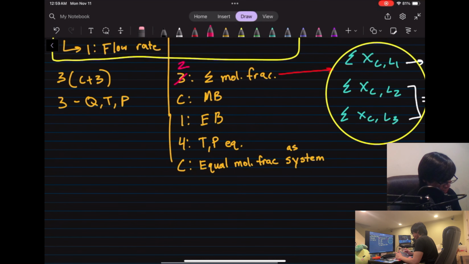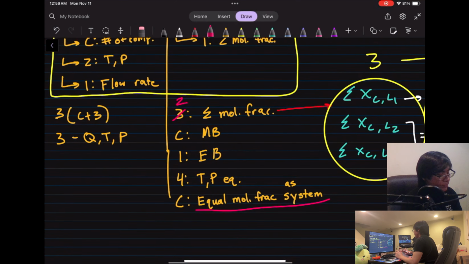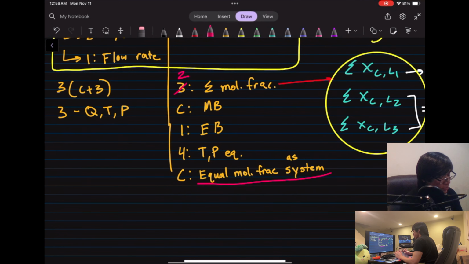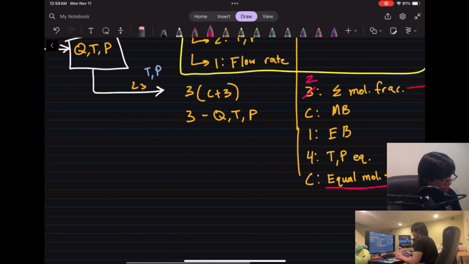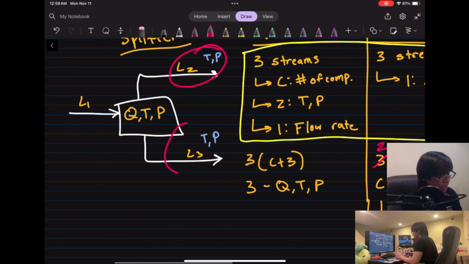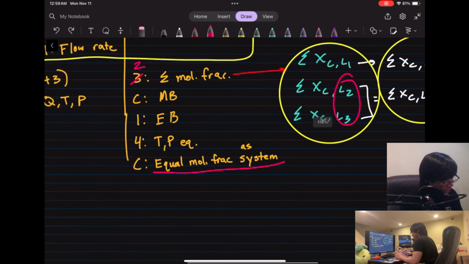So that's the reason why, with this equal mole fraction of the system, we actually double counted that initial sum of mole fractions equal to 1, since these two outlet streams, right here and right here, are actually the same molar fractions, since they both come from the same system. Okay, that should be enough over explaining.